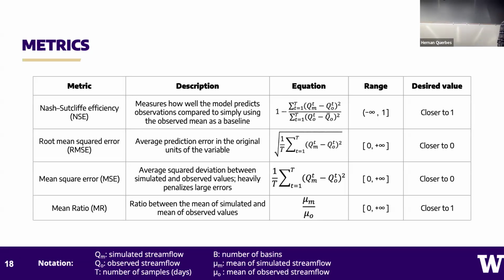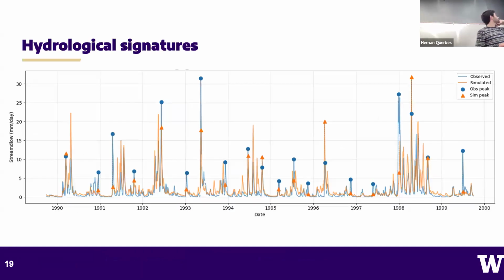Apart from this, as you can see, we use a lot of metrics in hydrology. We also use some specific metrics for the peaks of a hydrograph. A hydrograph is this plot of streamflow over time. Here you can see in orange the simulations and in blue the observations. And the peaks of each time series is flagged with a circle and a triangle. So we have metrics to compare the peaks in the simulations and the observations.